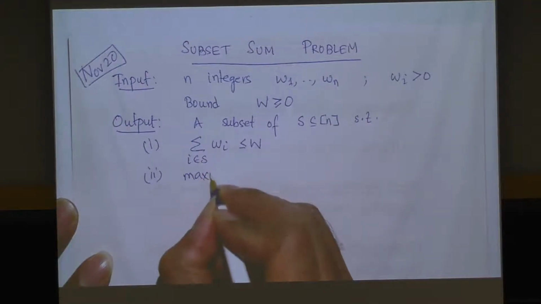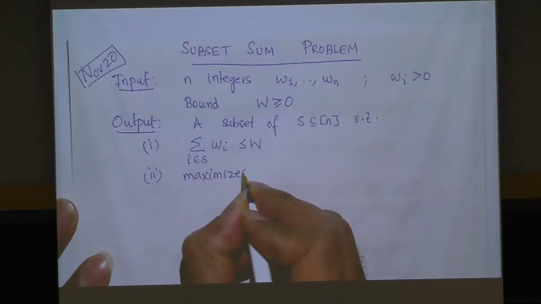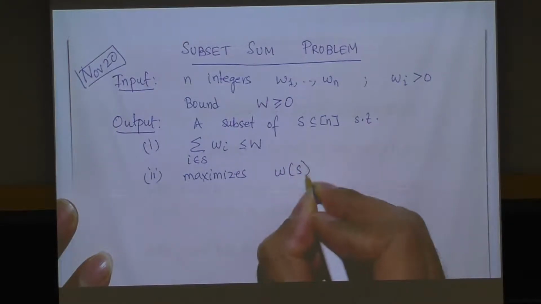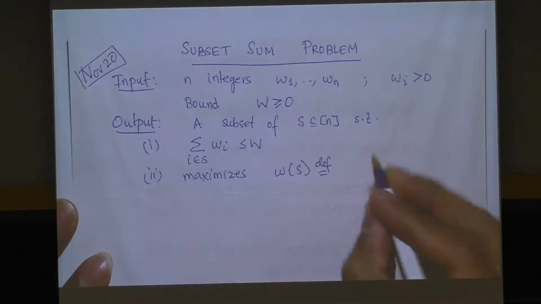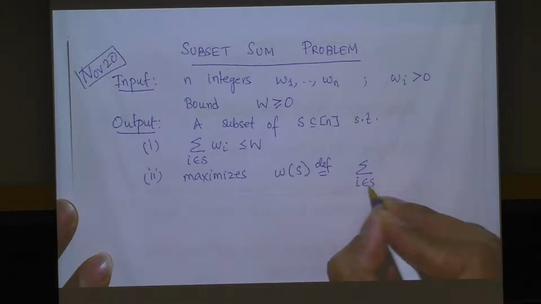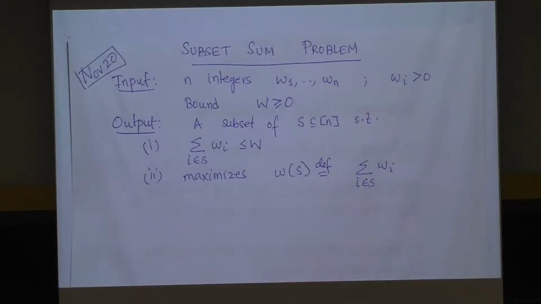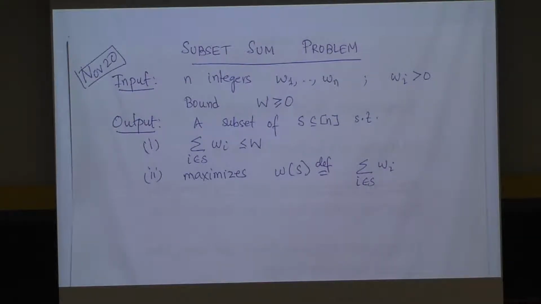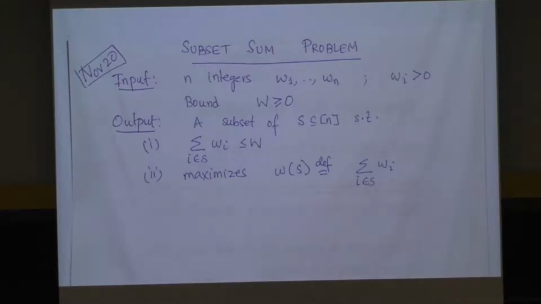So it maximizes W(S), which is defined to be the sum of these values. Again, as a reminder, in the cloud service example, Wi is the number of cycles you need to do job i, and capital W is the total number of cycles that you have already paid for.